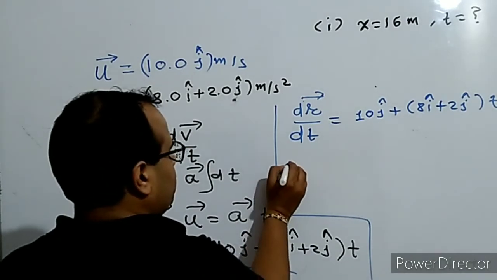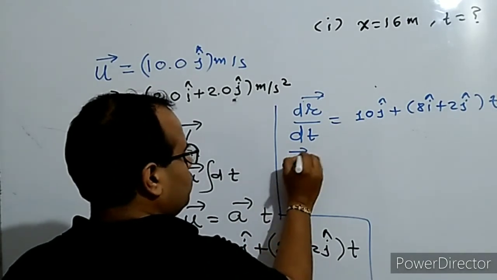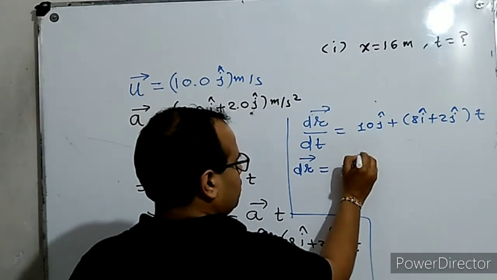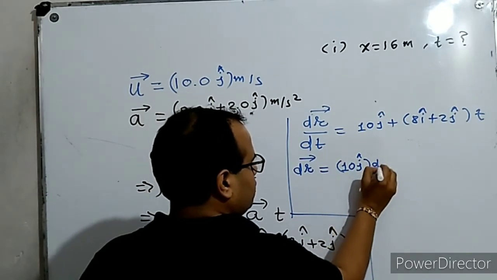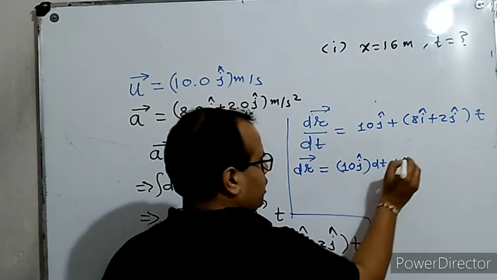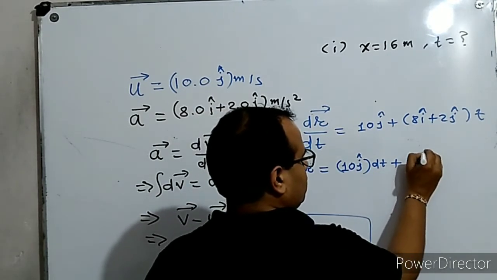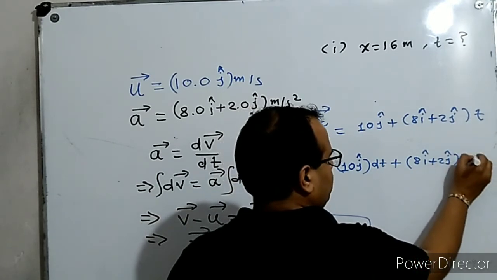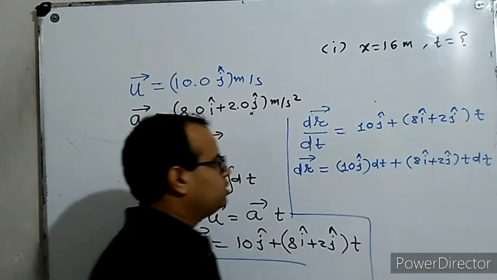Now dr vector is equal to 10 j cap dt plus (8 i cap plus 2 j cap) t dt. This is dr vector.